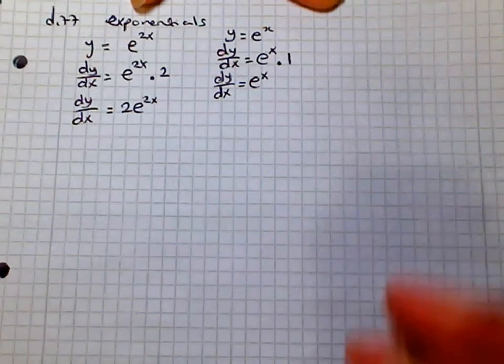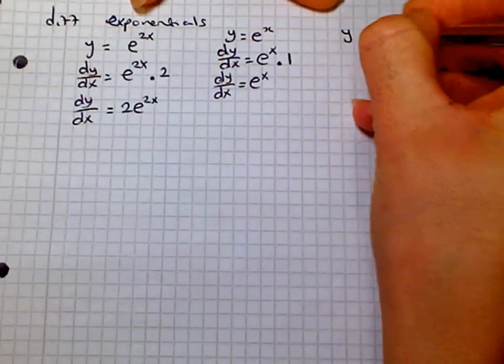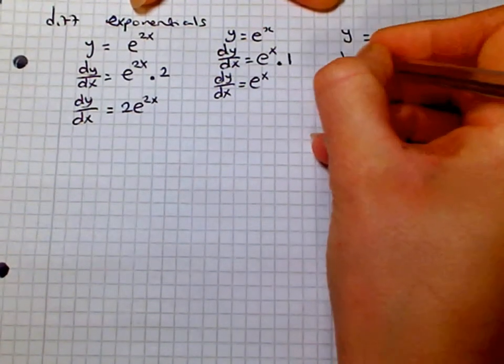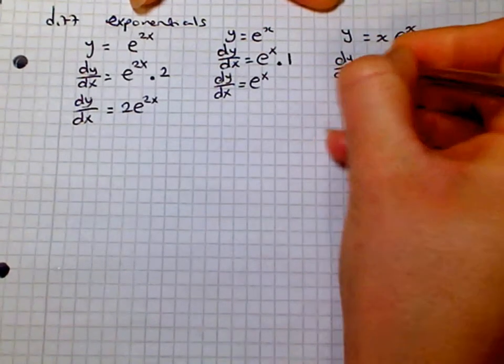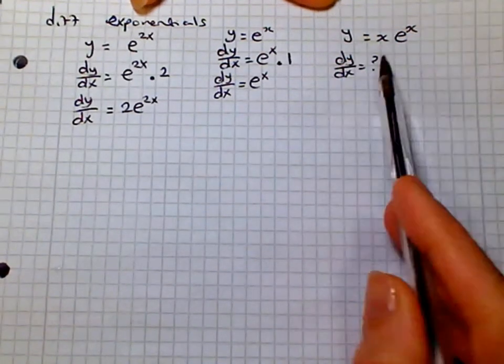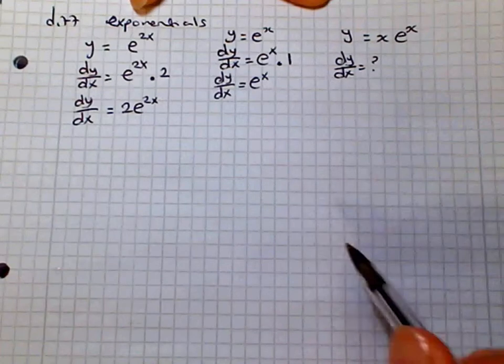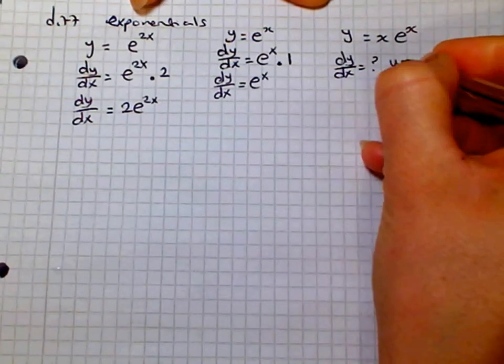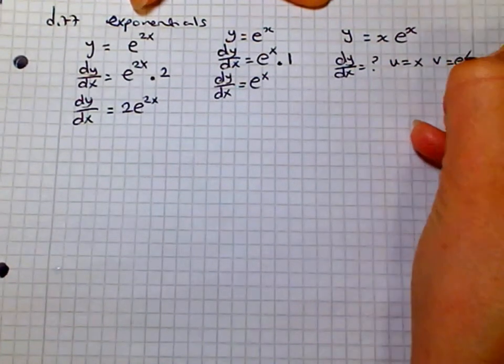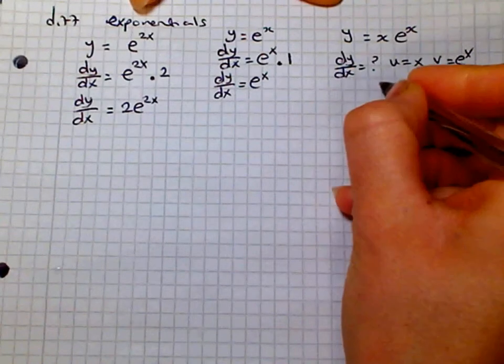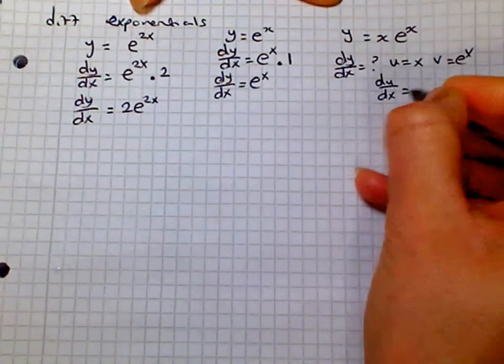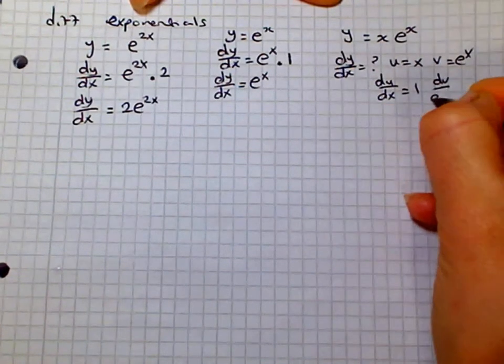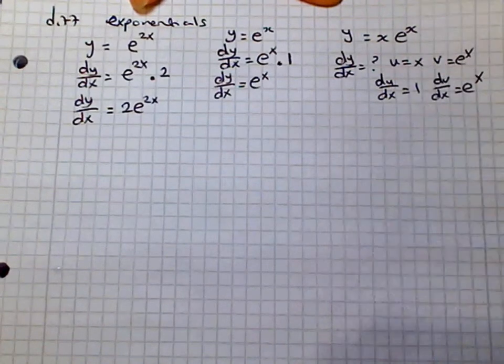So if we take something like y equals x e to the power of x, to find dy/dx, this is a product rule. u is equal to x and v is equal to e to the power of x. So du/dx is 1 and dv/dx is e to the power of x.